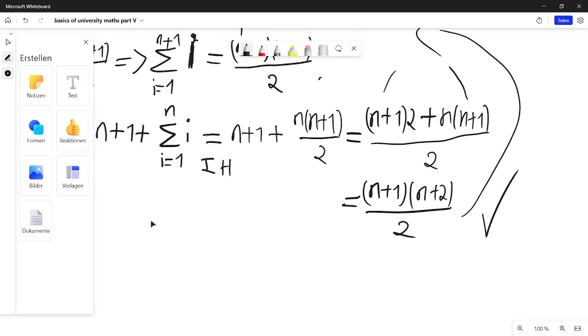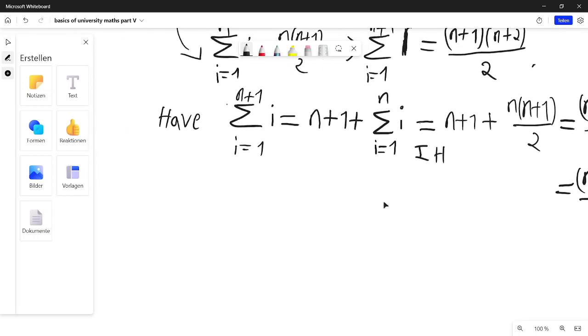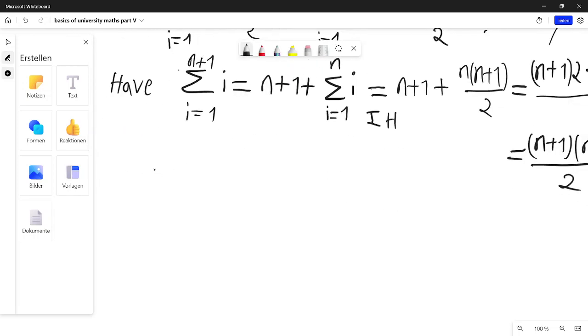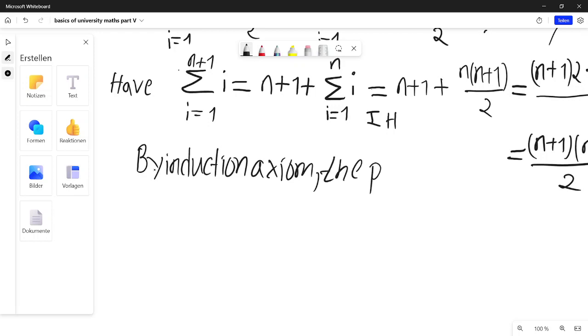That is, we have checked everything to apply the induction axiom, and then usually people don't write "by induction axiom". The proof is finished. We just finish at that point and make a nice square. The proof is finished.